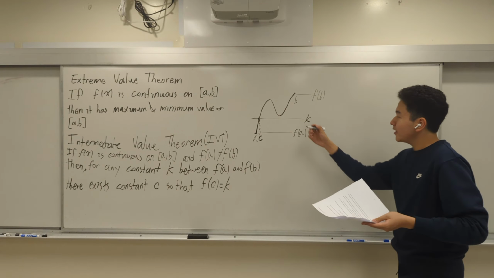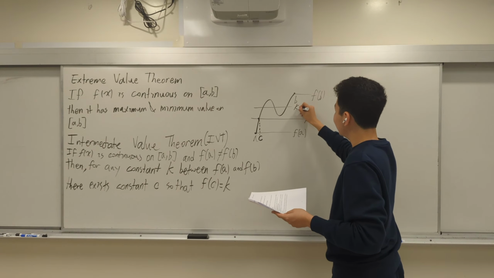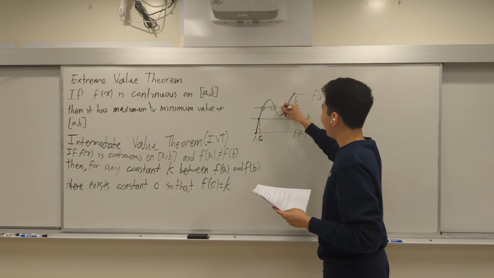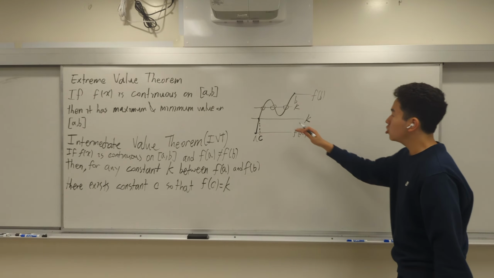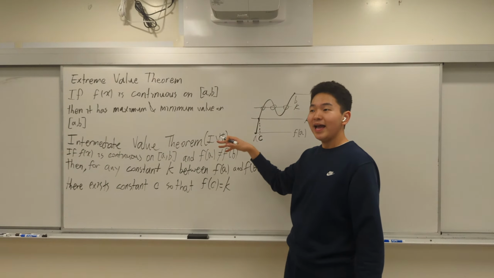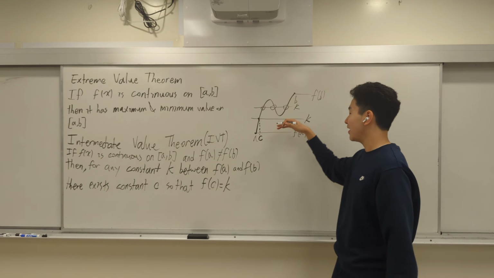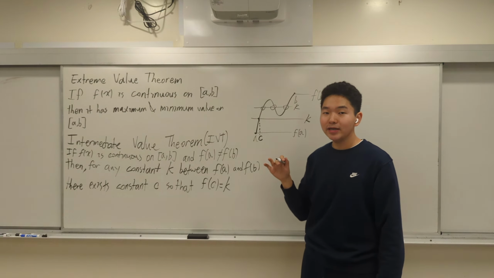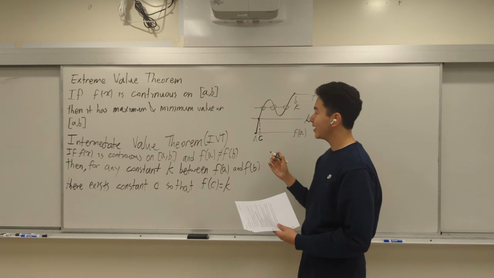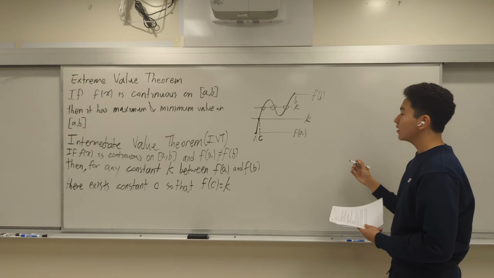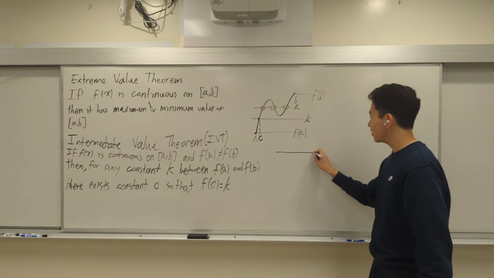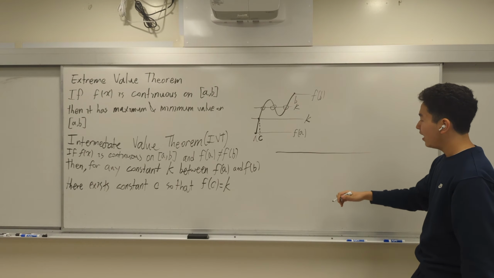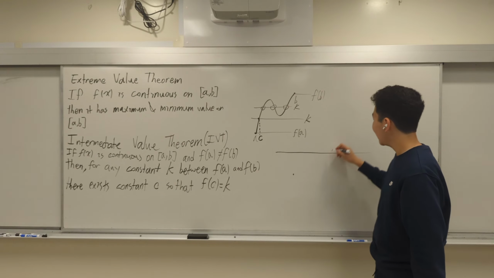If I choose k to be like that, I could get more than one possible value for c. But if you're connecting two points with a continuous curve and you put a horizontal line anywhere in between, it's guaranteed to cross that line at least once. This one is also kind of intuitive, right? You have an infinite line, and you have to get from one side of the line to the other.